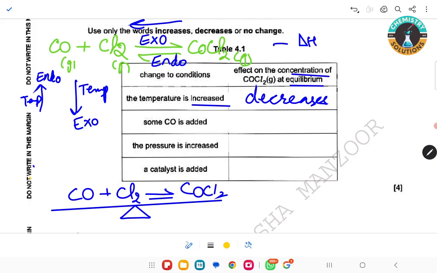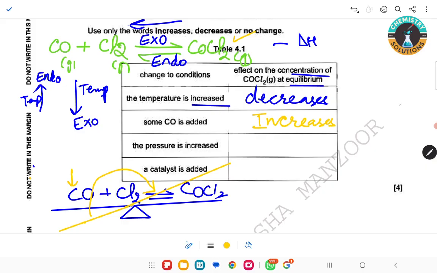If we add some CO, the weight of this seesaw will tilt. According to Le Chatelier's principle, the reaction will move in the forward direction to undo this change. In the forward direction we have COCl2, so the concentration of COCl2 at equilibrium will increase.